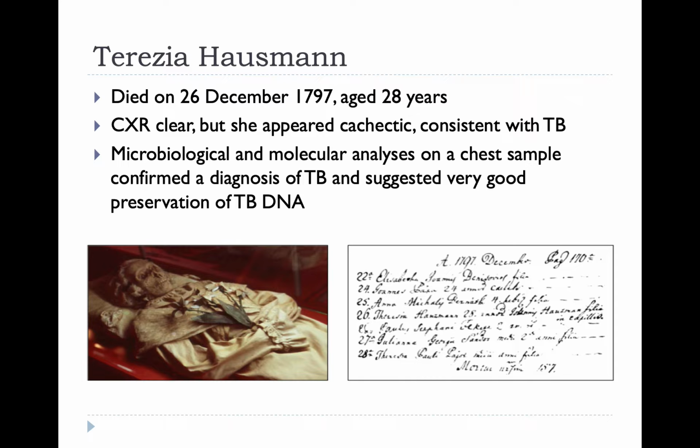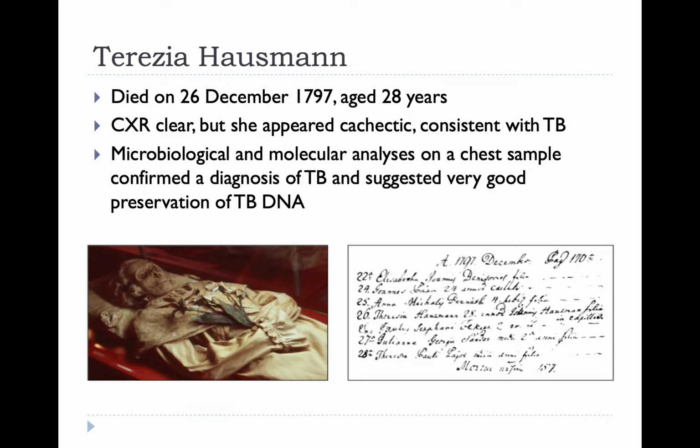And our first efforts centred on this young woman, Terezia Hausmann, who died on Boxing Day in 1797 at the age of 28. Now, as part of the previous studies around the turn of the millennium, they'd done chest x-rays on these patients, these mummies, and she didn't have any lesions that suggested she had TB in the chest x-ray, but she did appear what we call cachectic, which is a highly wasted individual, very, very thin.